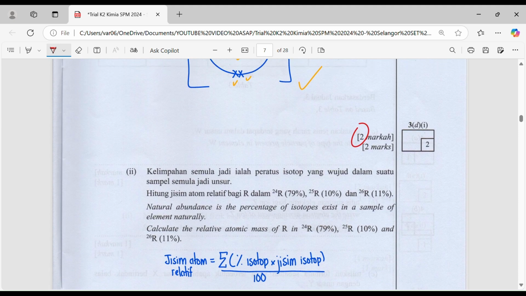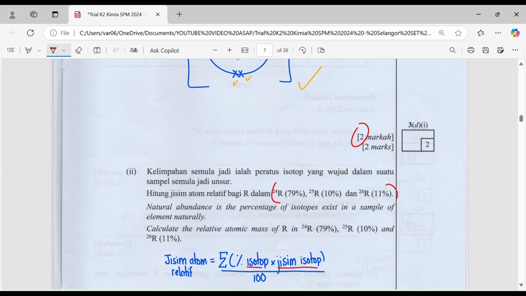Alright. Okay. Next, natural abundance is the percentage of isotopes that exist in a natural sample of an element. Calculate the relative atomic mass of atom R in these 3 things. Right. Simple enough. Relative atomic mass, you must know the formula.